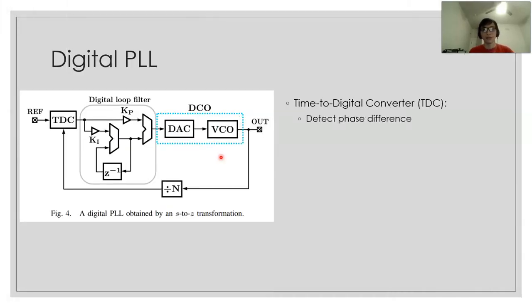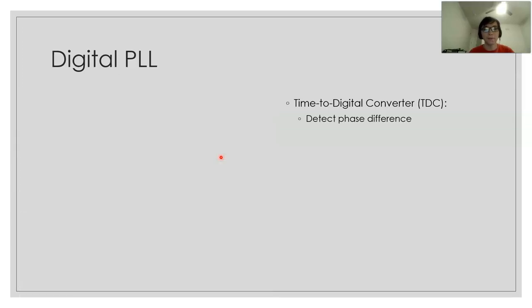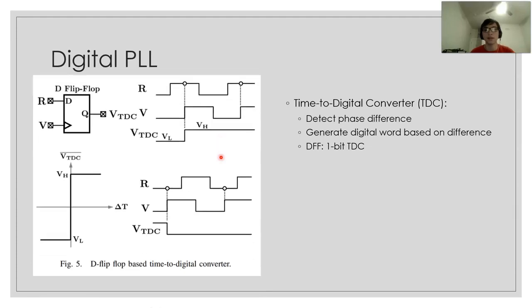So the TDC performs quite similar to the phase detector, as it detects the phase difference between the two signals. However, it's quite different in the output.